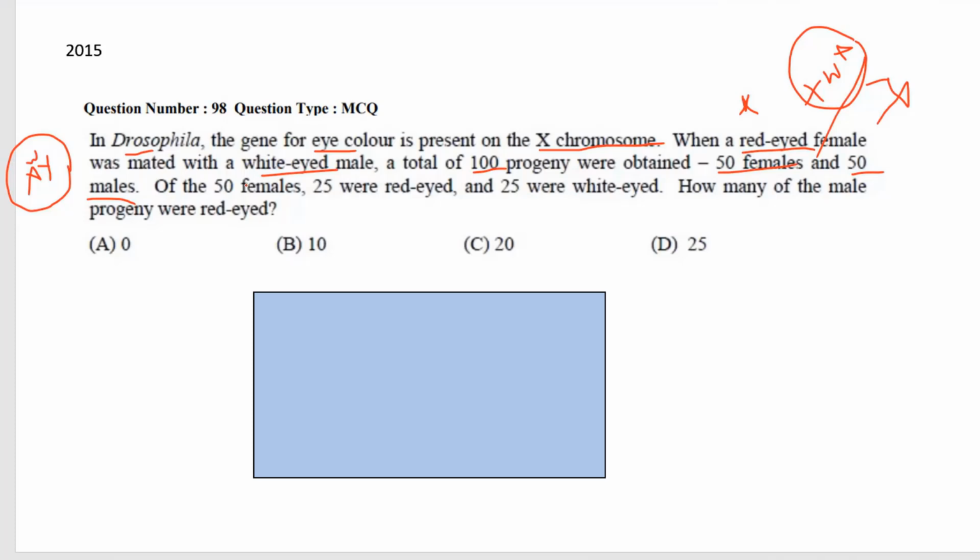So we have a total of 100 progeny, out of which 50 are female and 50 are male.